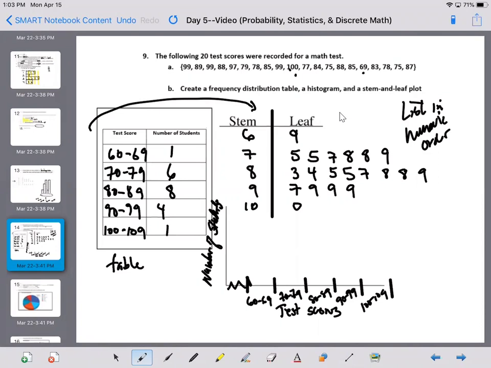Then over here, we're just going to put our scale 1, 2, 3, 4, 5, 6, 7, 8, 9.